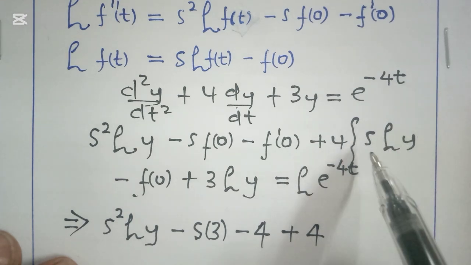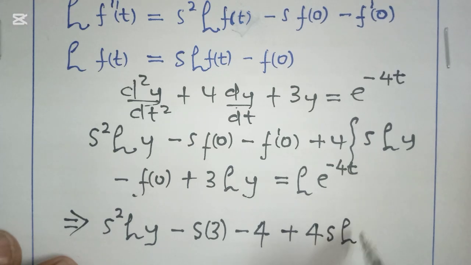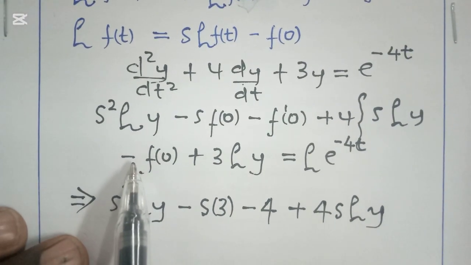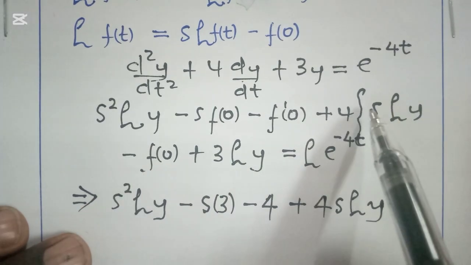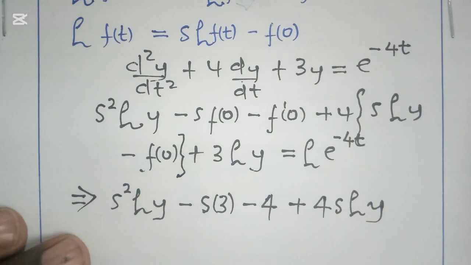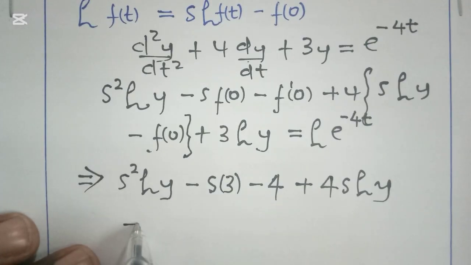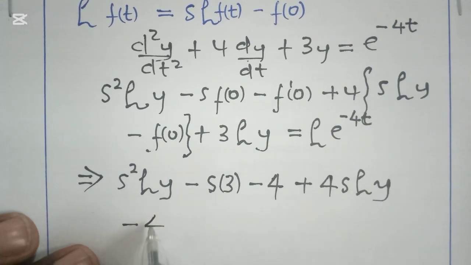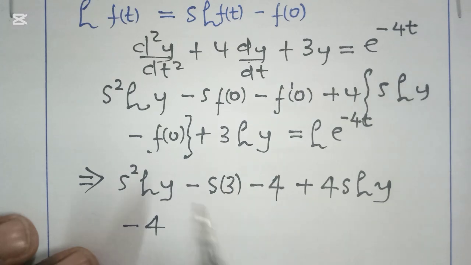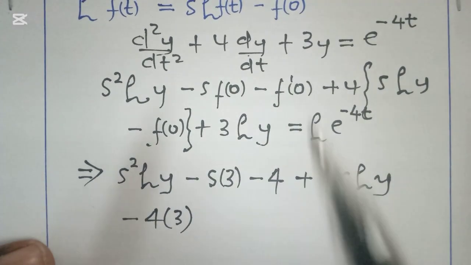And remember that this 4 is multiplied by s times the Laplace transform of y, minus, we also multiply here by 4 before we replace, because remember this bracket was up to that point. And so therefore I can write minus 4, and then I can replace my f(0), which is also supposed to be 3, like this. So that is 3.